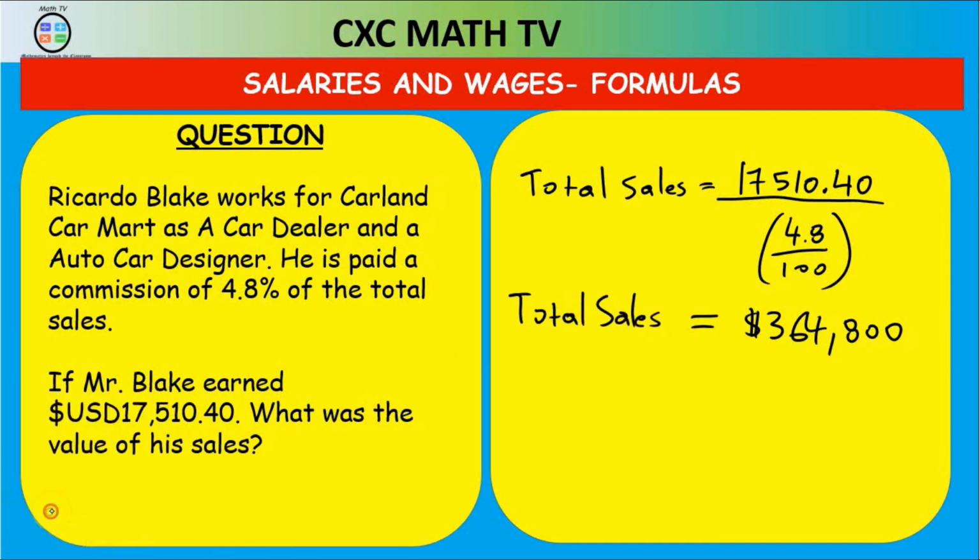That's amazing. So the total value of the sales that Mr. Blake would have made is $364,800. All right, so what was the value of his sales? That's USD 364,800.